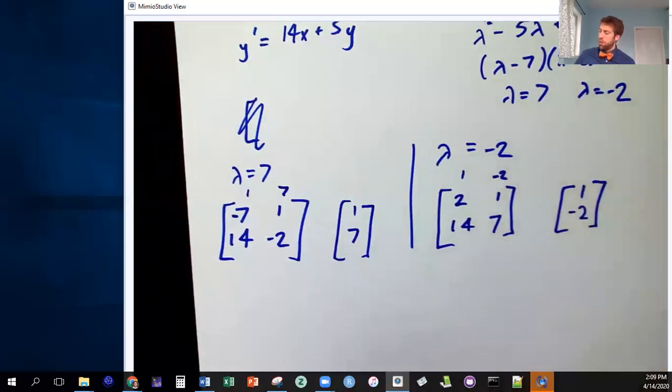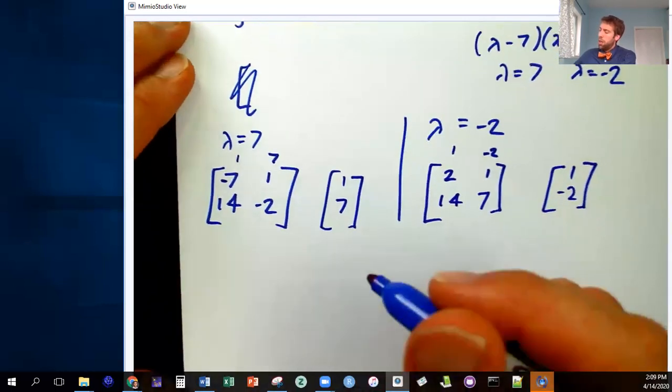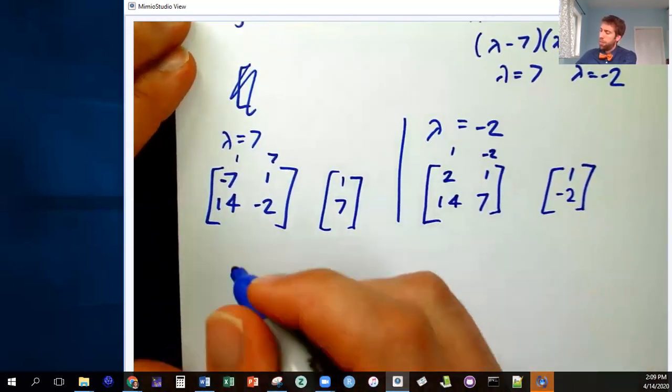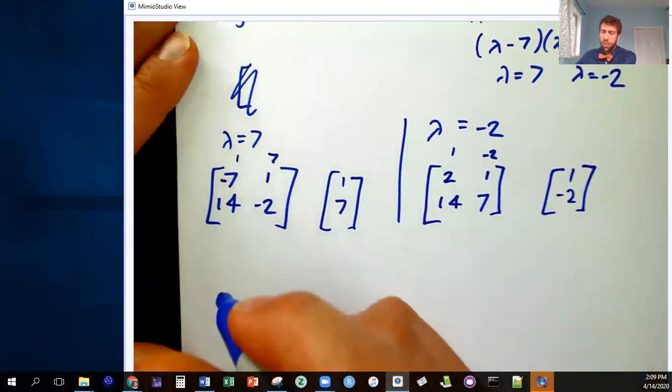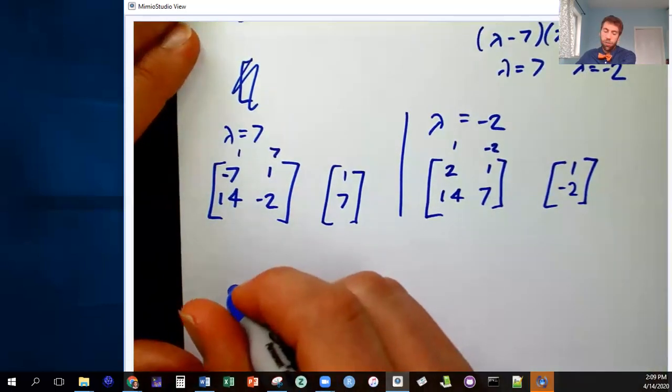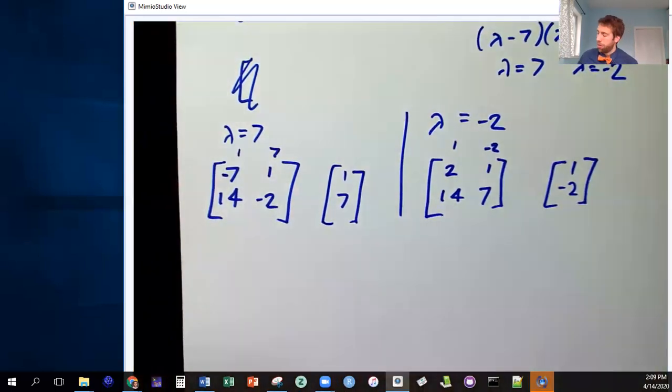Okay, so that means that my system is basically, forget about x and y now, and think of a new variable. Let me just use z, so I'm not double using y.